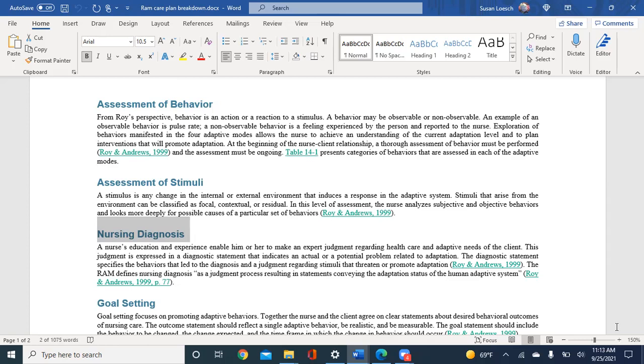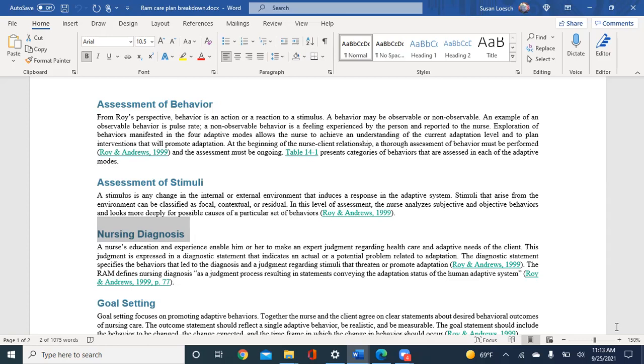So the focal is like what she's experiencing there and then, the main thing that's confronting her. What's the main problem confronting her at the moment? And what you perceive it to be versus what somebody else perceives it to be could be two different things.